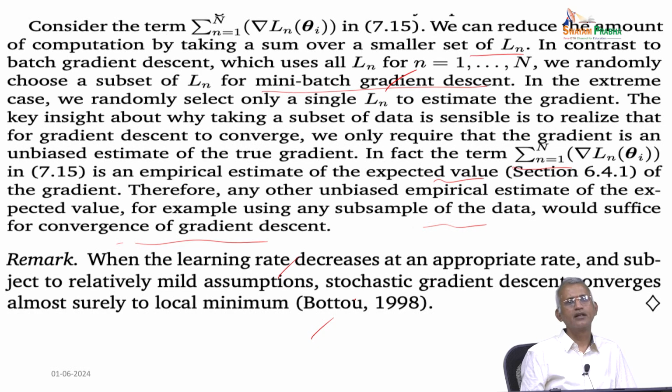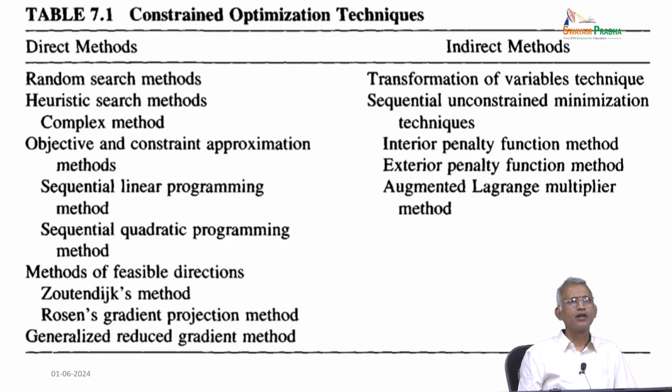That is an important note we have to make about stochastic gradient descent compared with gradient descent, where it converges, where the local minimum is, and so on, which we can easily calculate. Now, these are all topics belonging to constrained optimization techniques.